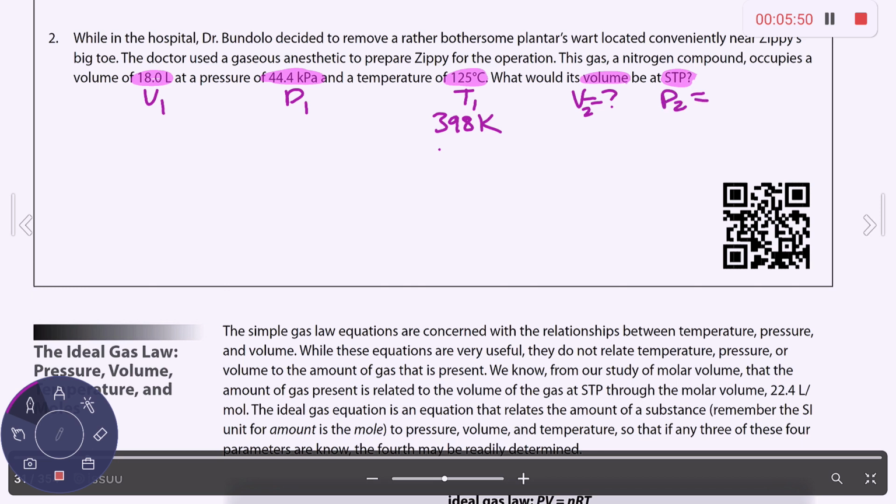So your P2 and your T2. T2 would have to be 273 Kelvin because it's 0 degrees Celsius. Look at your pressure unit for P1 to help you get the pressure unit for P2. Okay, since it's in kilopascals, look back at section 1.1. What does it say at sea level kilopascals is? So that's what you would use here.